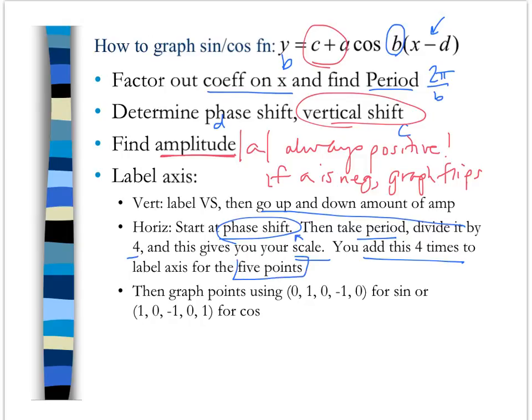Your axes needs to have 5 points. Remember those key points were 0, 1, 0, negative 1, 0 for sine, and 1, 0, negative 1, 0, 1 for cosine. If your amplitude is anything other than 1, then these actually turn into, you can almost think of it like this, a values instead of 1s.